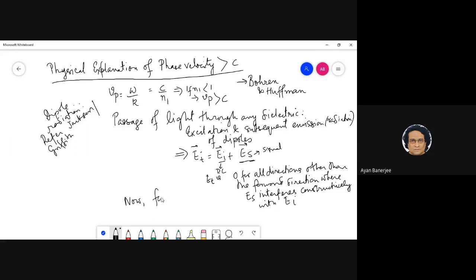I'm going to assume that for this dipole, if I take the scattering angle to be 0 degrees, then this ES is proportional to, this is an assumption, okay, this alpha. So this is i k cubed, right?